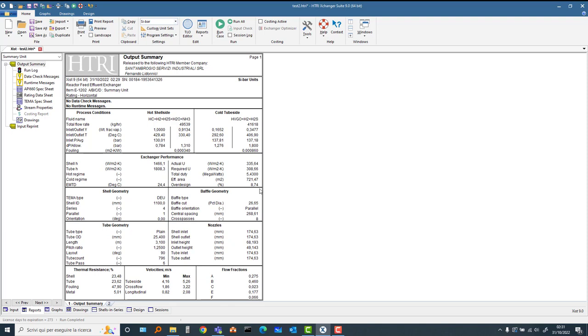Of course, increasing the number of cross passes doesn't necessarily mean that you improve the coefficient, because maybe you have increased the velocity, but you have also increased the pressure drops, and so maybe you have decreased the amount of the useful stream.